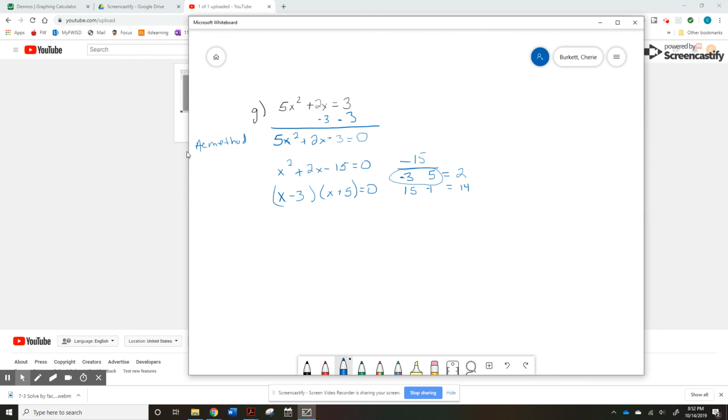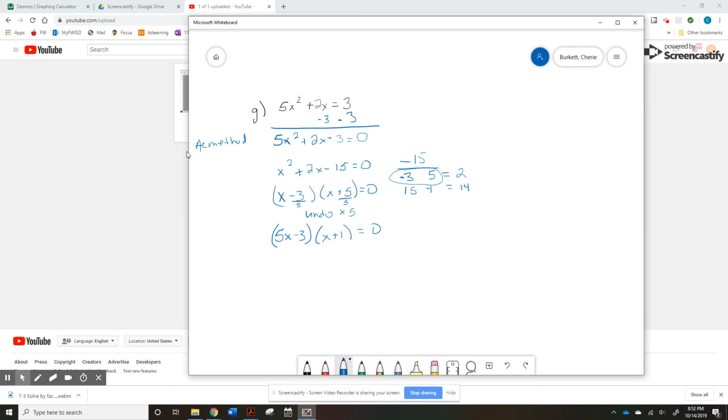Remember, this is the AC method, so I have to undo the multiplication. So I've got to undo multiply by 5. So that means I've got to divide this by 5, divide this by 5. This one doesn't divide out, so I swing the 5 up in front. And now this is 5 divided by 5. That's just x plus 1.